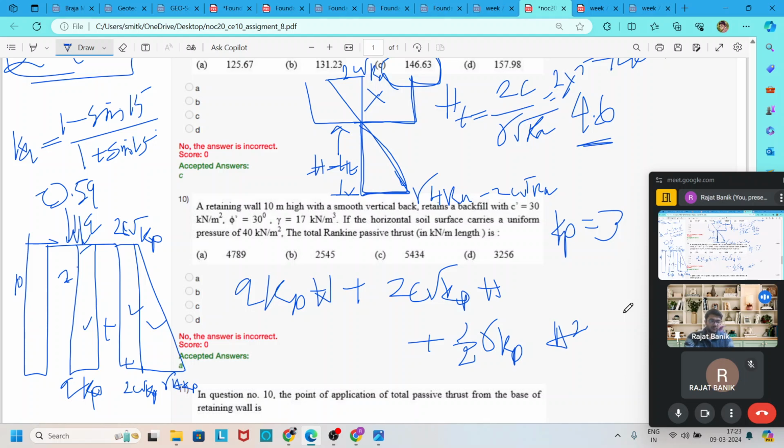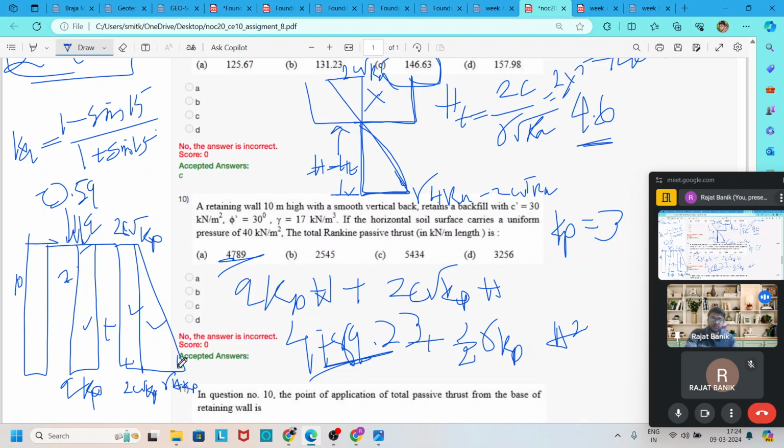So it becomes 4789.23. So the correct, or similar, option is option A, that is 4789.